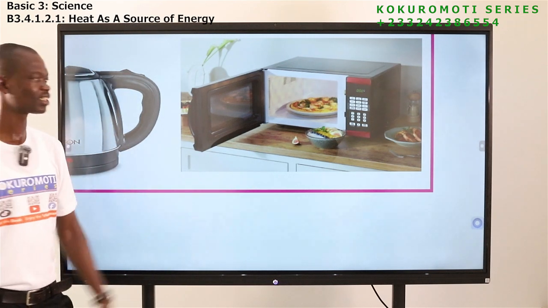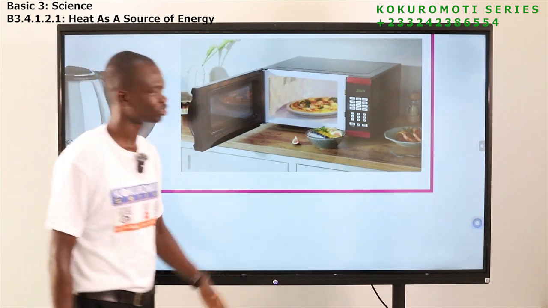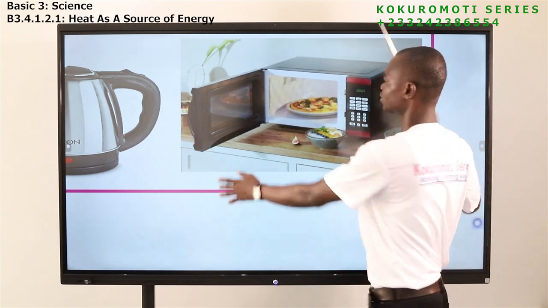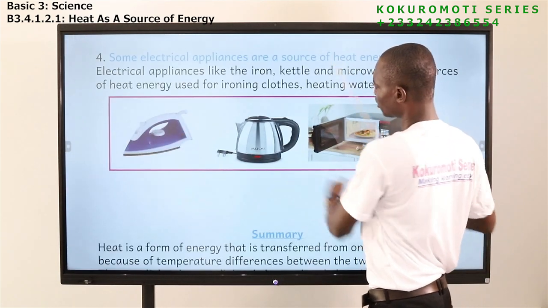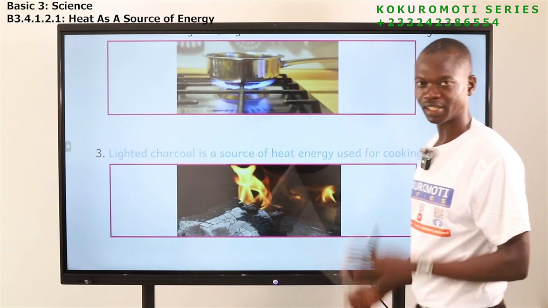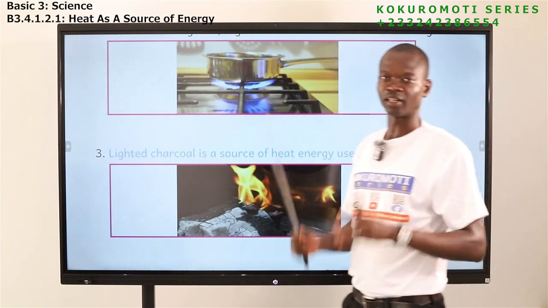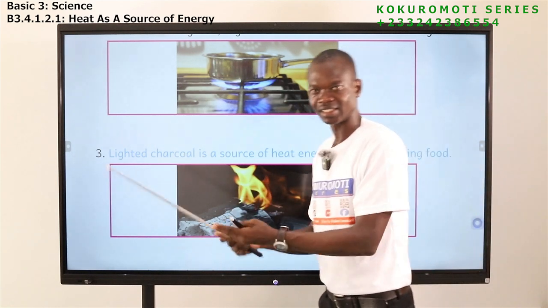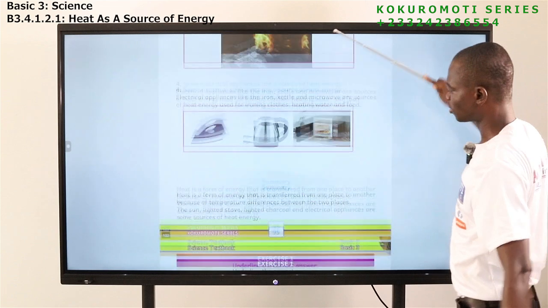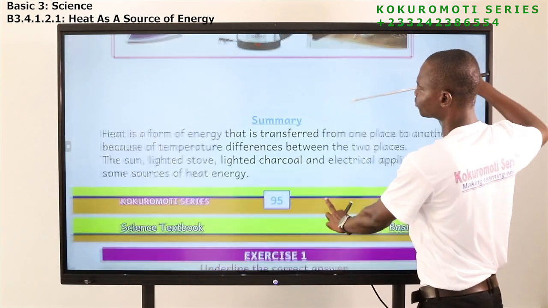After a few minutes, it will be ready for you to enjoy your food. So this also is a source of heat energy. Okay, now we have seen how heat can be generated, and we have also seen where we can get heat energy. Okay, we are bringing our lesson to a close, but I want us to read something here.